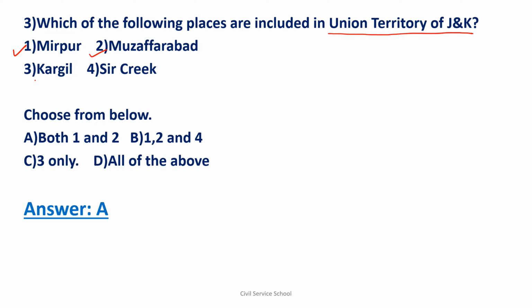All of you know that Kargil is not a part of Union Territory of J&K. Kargil is a part of Ladakh. And Sar Creek, it is situated in border of Gujarat and Pakistan. So Sar Creek and Kargil are not included, and so answer will be A, both 1 and 2.